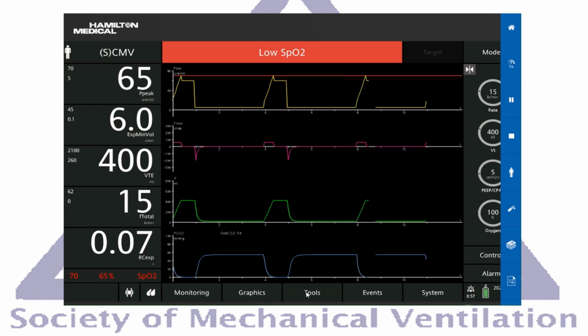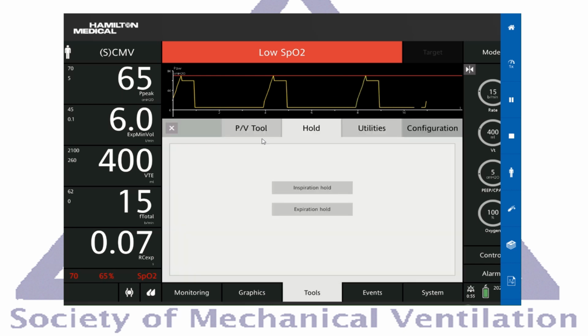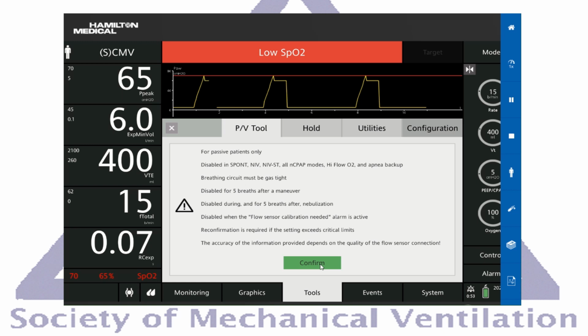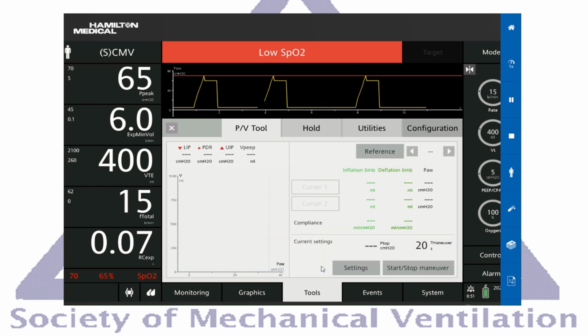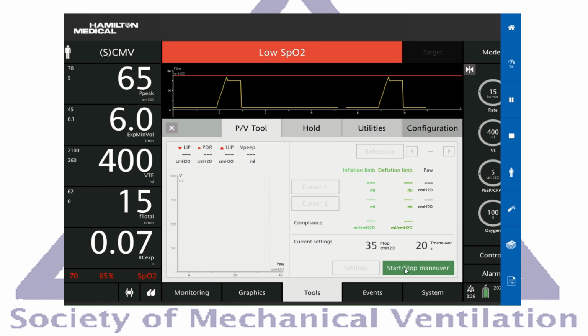So one of the things that I like to do to adjust the PEEP is using the pressure volume tool or the pressure volume curve to see exactly where's our lower inflection point, higher inflection point, the hysteresis. So we'll do this maneuver here.